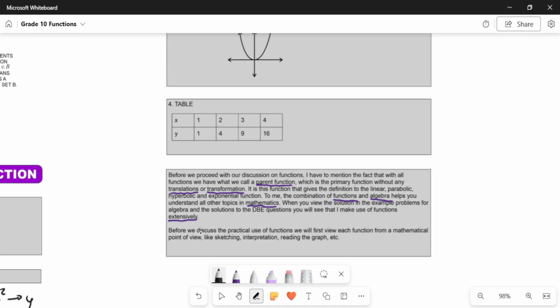Right? Exactly as I said here, before we discuss the practical use of functions, we will first view each function from a mathematical point of view, like sketching, interpretation, and reading the graph. Then we'll come back to the practical nature. Why is this important? Like I said, there's certain components of the graph that are extremely important that we must know. And why those components are important? Because it will enable us, because remember, if I gave you a blank piece of paper, the fact that we choose to put certain things on it means it's significant.